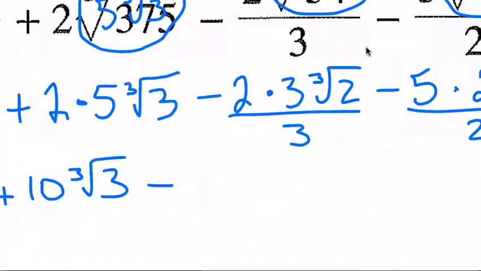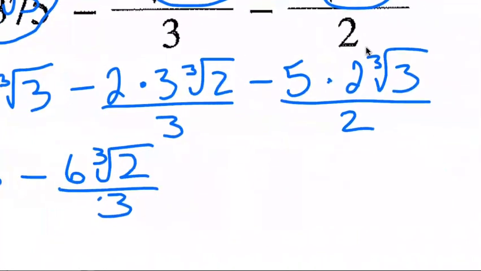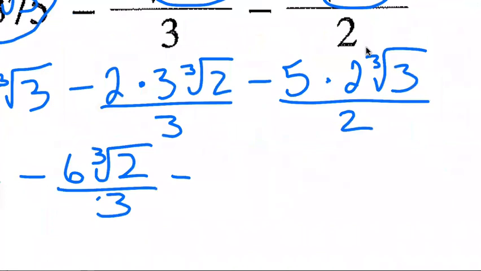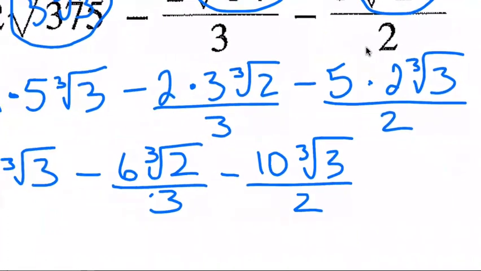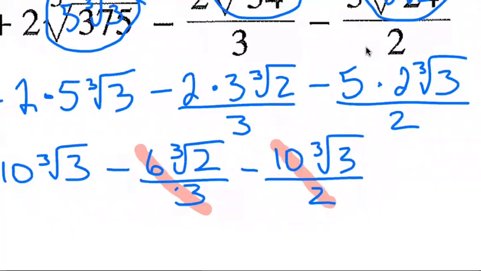Minus 2 times 3 is 6 cube root, sorry, not 3, 2, all over 3. Don't worry, we'll deal with that fraction in a second. And 5 times 2 is 10 cube root 3, all over 2. You can see that this 6 and 3 are going to reduce to 2, and this 10 and 2 are going to reduce to 5.